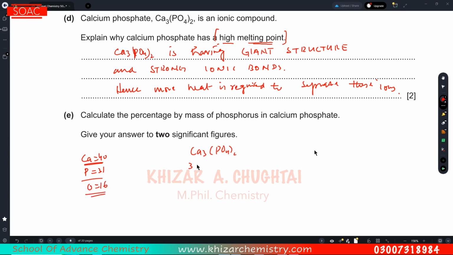So 3 into 40, plus 2 phosphorus, 2 into 31, plus 2 fours are 8 oxygen, 8 into 16, and here is the Mr of calcium phosphate.